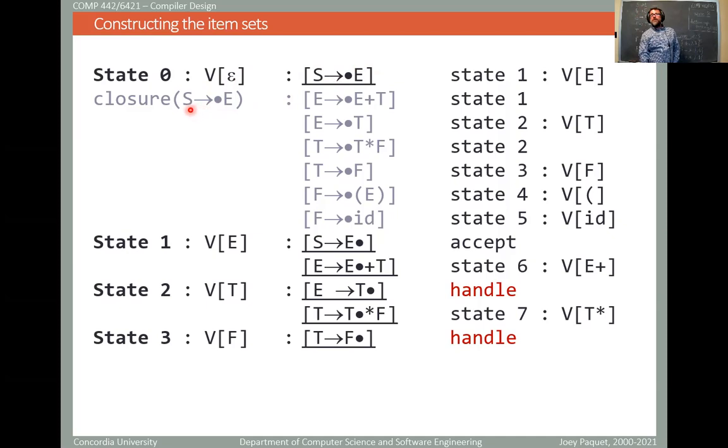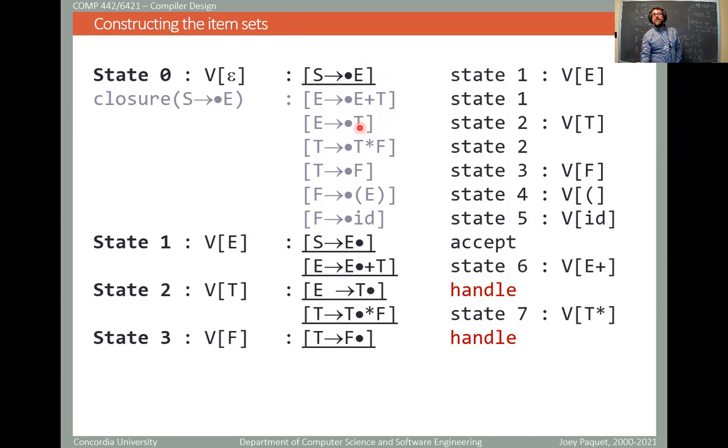Now I compute the closure of this starting item: S gives dot E. How do I do that? I have E after the dot. What can this E be? It can be E plus T, or it can be a T. If I'm starting to parse an E, it's the start of E plus T, or the start of T. Now I have added these two items to my item set.